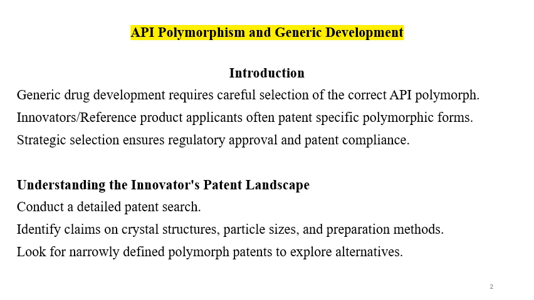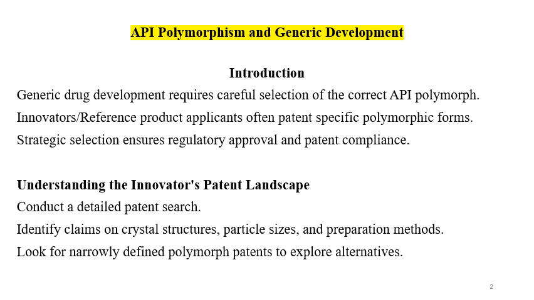Whenever you are developing a generic product, you need to understand the reference product's patents regarding the polymorphs. So conduct a detailed patent search and identify the claims on the crystal structures, particle sizes, and preparation methods. Look for narrowly defined polymorph patents to explore the alternatives. So if some polymorph is patented by the innovator, you can use another polymorph.